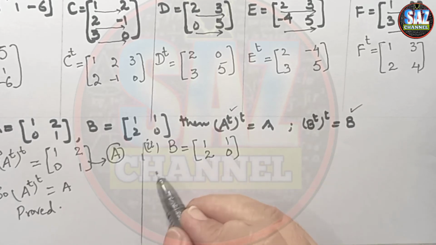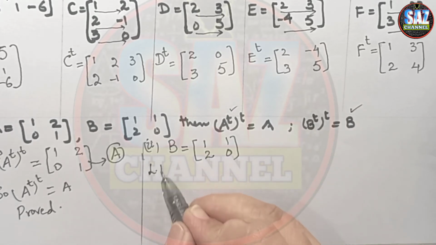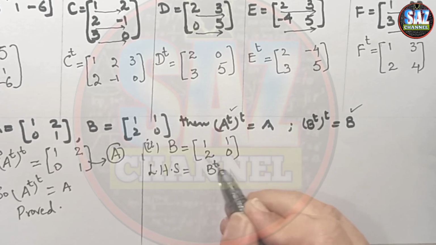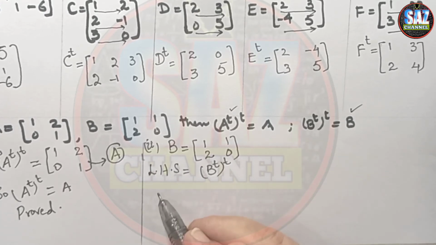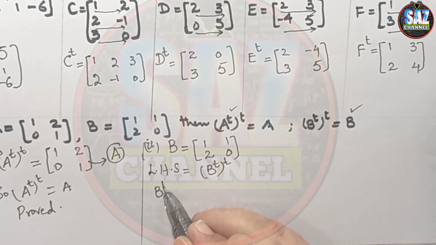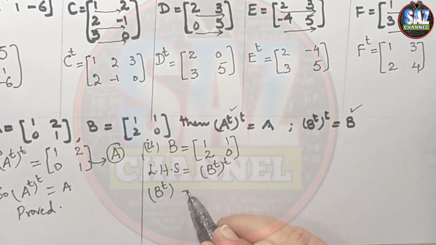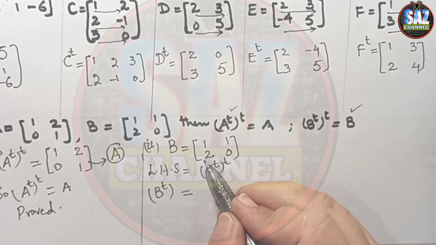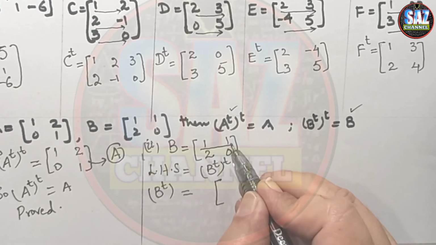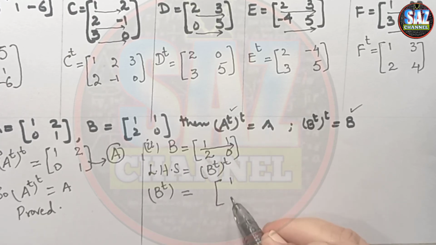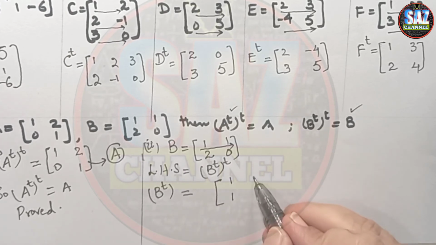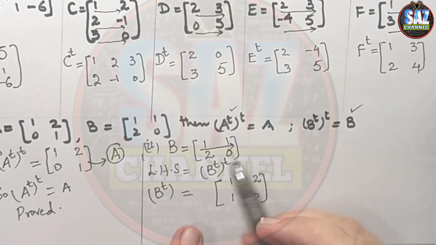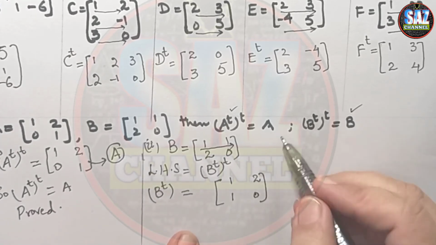First of all, I have to take the left hand side of the equation, which is B transpose. First of all, I have to take the transpose of B, and when I'm saying taking of transpose means changing rows into columns, and first row will become the first column and the second row will become the second column. Now 1 1 1 and 2 0.